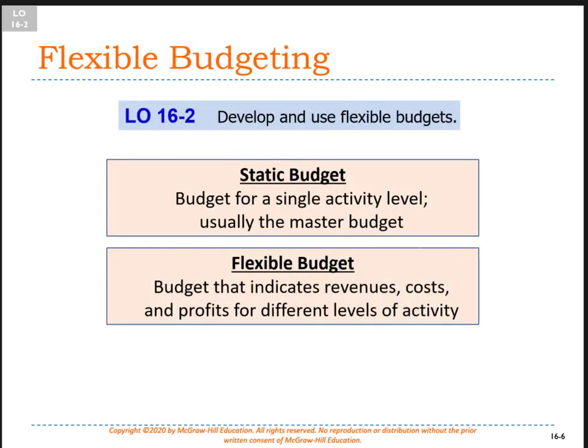So that brings us to the idea of a flexible budget as opposed to a static budget, which has one level of output, a single activity level. A flexible budget, by breaking costs down into a per unit cost, allows us to flex and look at what we would have expected to happen at literally any level of activity.